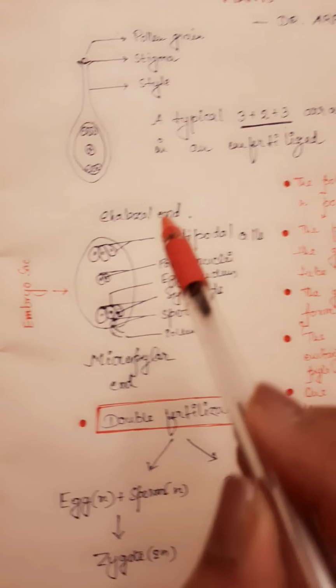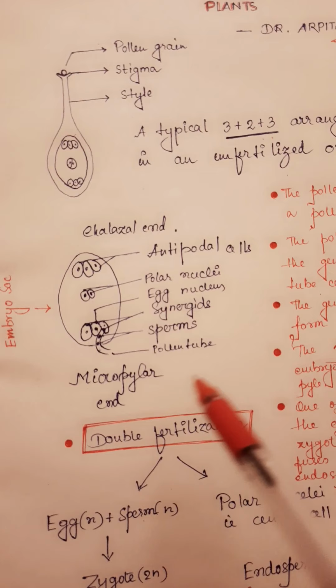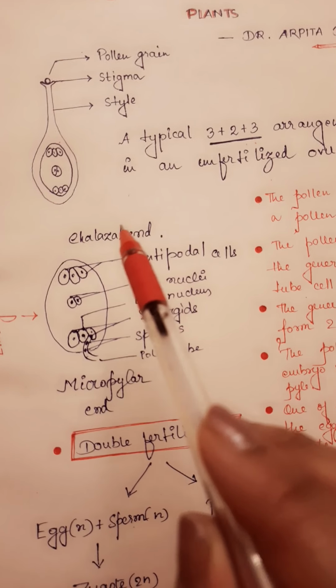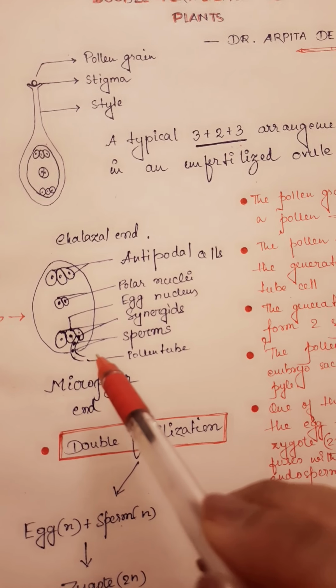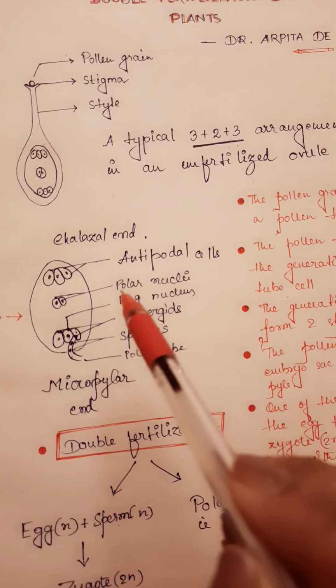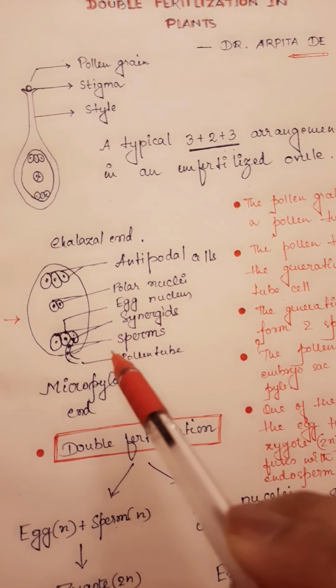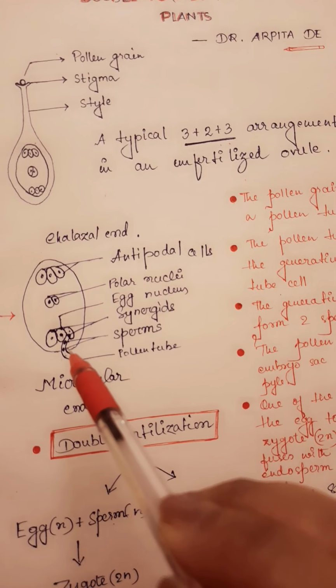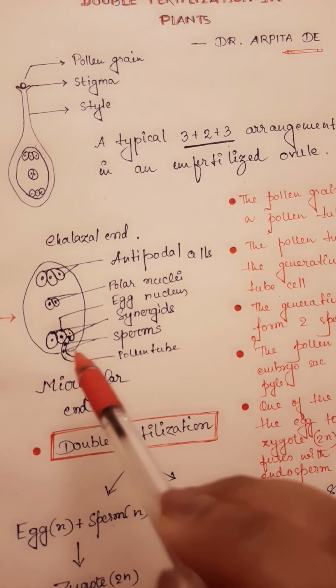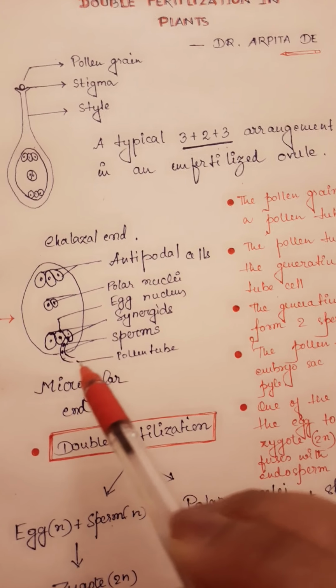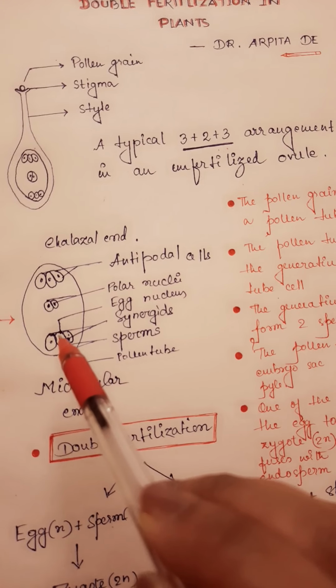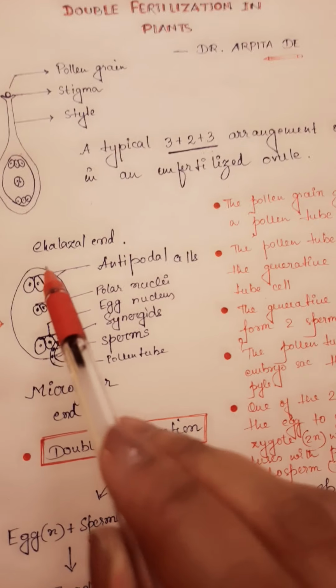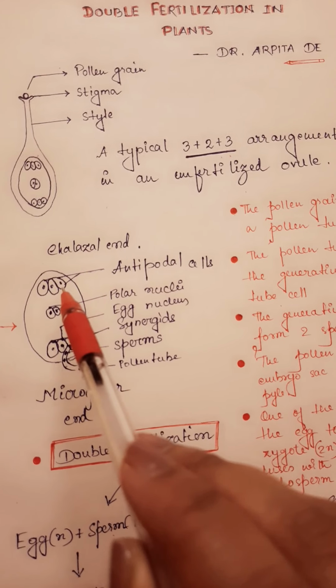Now let's come to the structure of the embryo sac. Once the pollen tube grows to an optimum length, it comes down here and ruptures the embryo sac from the micropylar end and penetrates inside. The antipodal cells are located at the chalazal end.